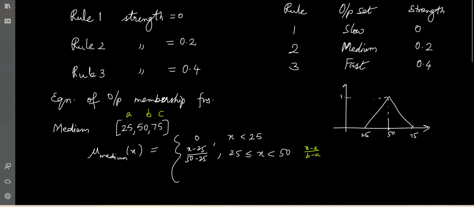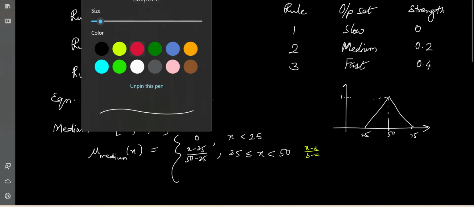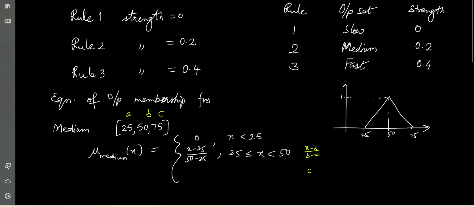Similarly, for the next category where it is falling, between 50 and 75, the value as per our understanding on the falling side of the graph is (c minus x) upon (c minus b). Okay, so if I write that here, I'll write the interval first so that we have clarity: 50 less than or equal to x less than 75, right?